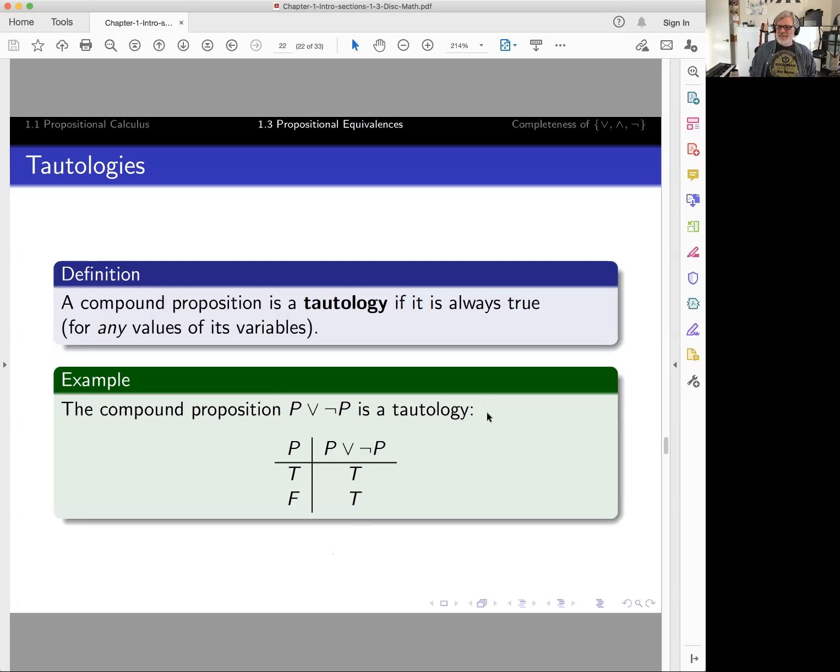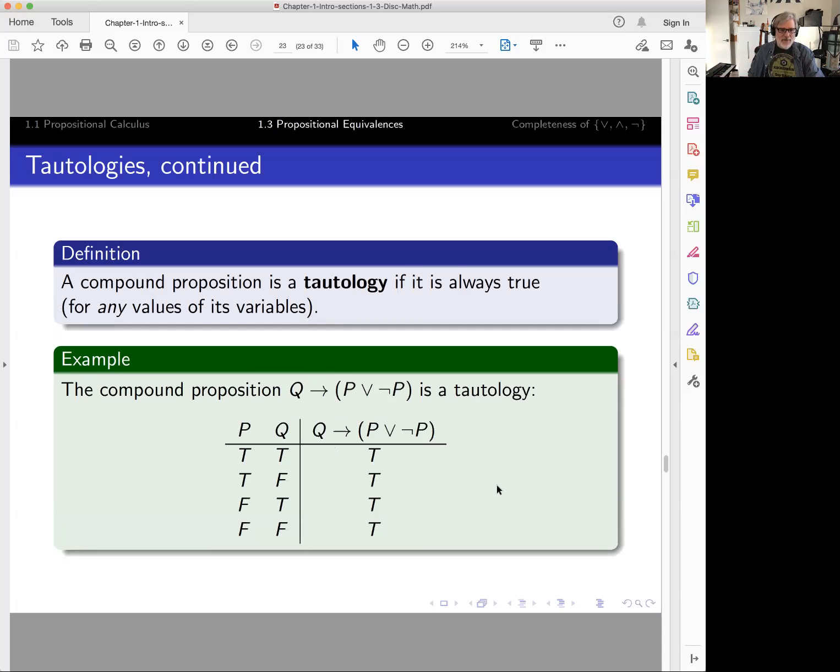That's a very simple, straightforward example, and you can compute it without trying to interpret it in terms of reasoning. You just apply the definitions, and you see that this column of truth values is all true.